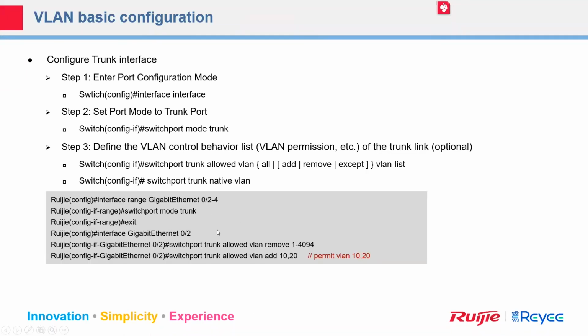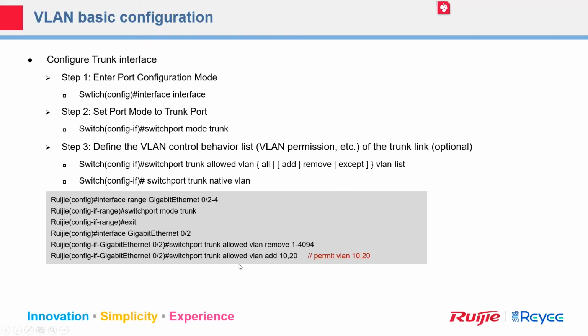So there is a typical command. Enter the interface and change the mode to trunk. And of course, maybe this interface usually is used to connect with a switch. And then enter the special interface to allow the VLAN remove from 1 to 4094. That means this command is used to let the interface not forward any VLAN.